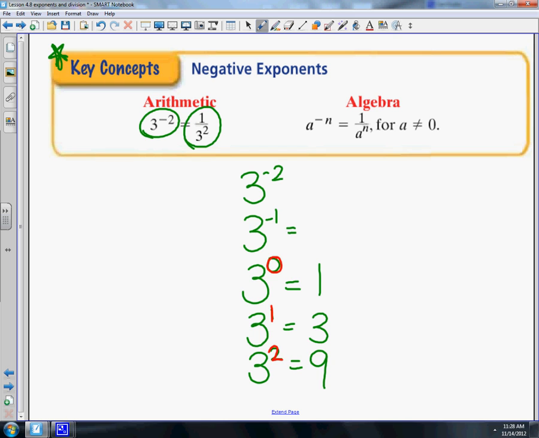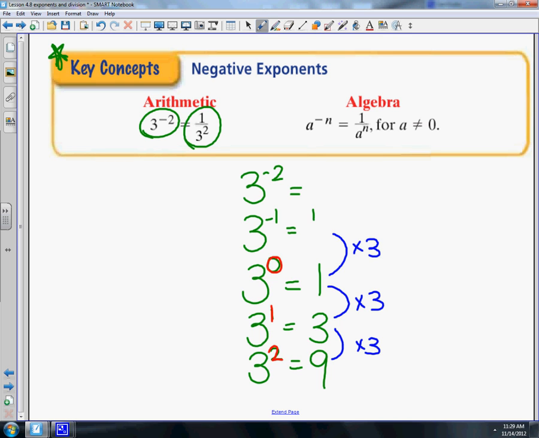Now, if I go backwards, my numbers don't go negative because it's multiplication. I can't keep my pattern of times 3. I have to keep that pattern. The pattern has to stay. So what happens is it becomes a fraction.